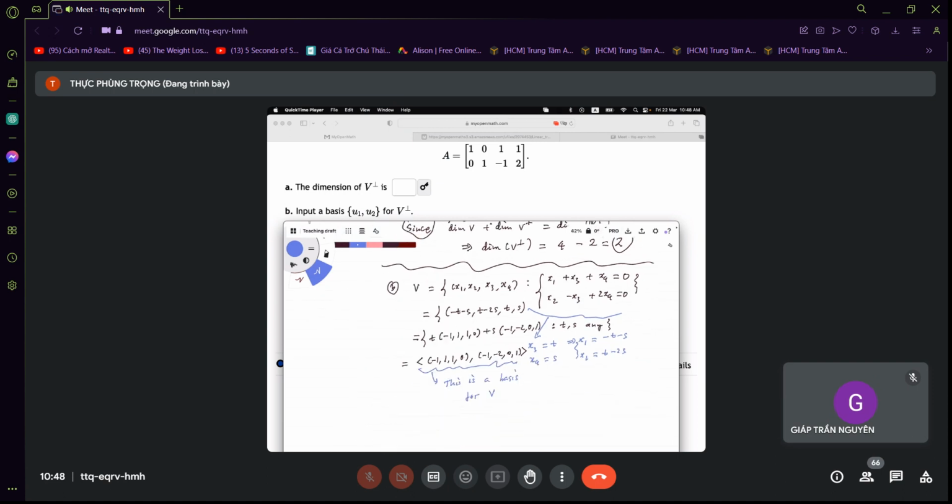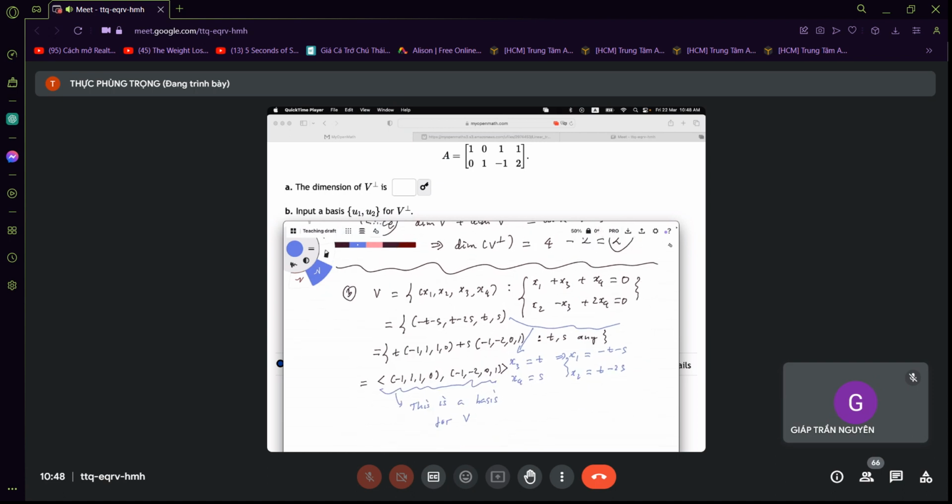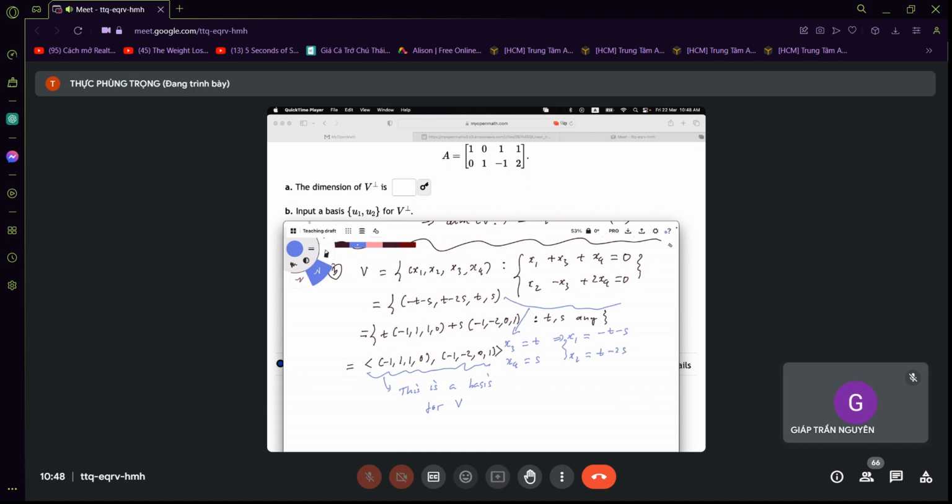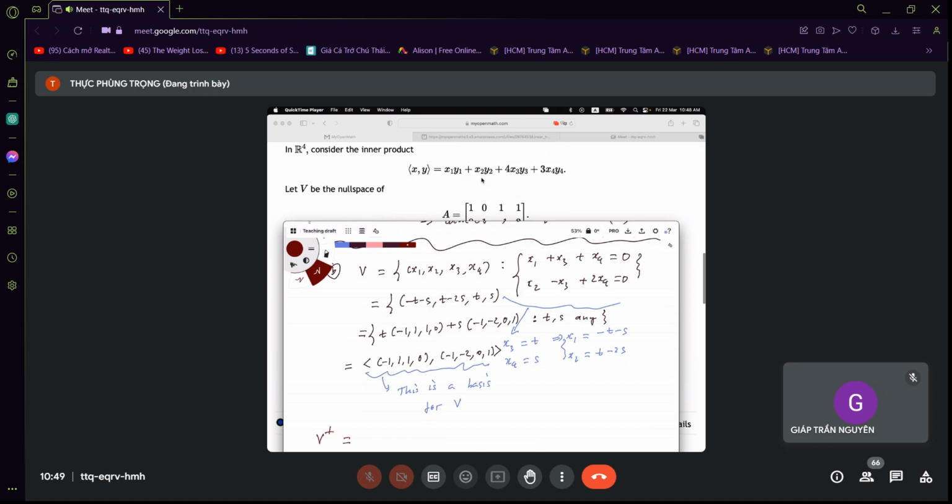And it's time to get a basis for V orthogonal. Now remember that what you did so far is just about vector spaces.